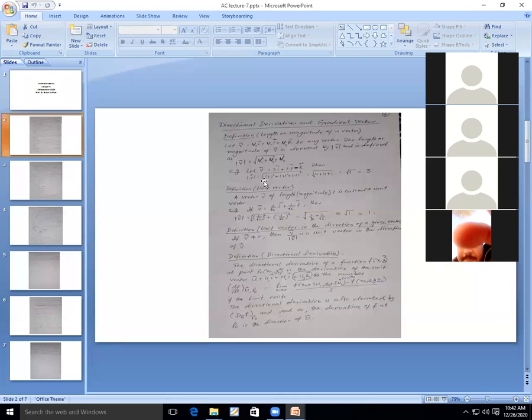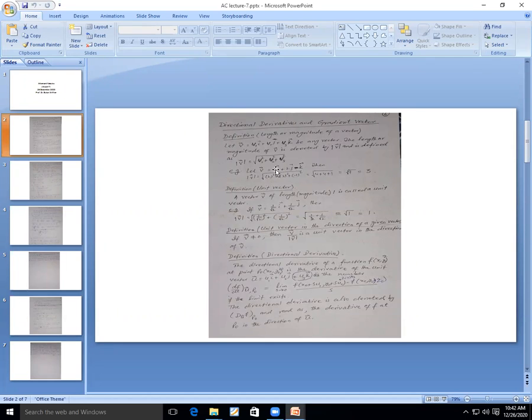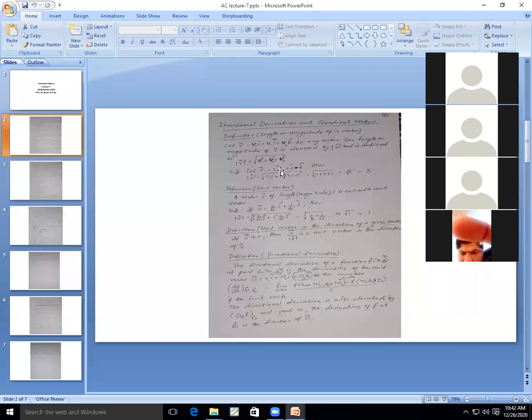So the length of this vector is, you see V1 is here 2, so 2 square plus V2 is also 2, so 2 square, and V3 is minus 1, so minus 1 square, whole under root, which is equal to 4 plus 4 plus 1 equal to square root of 9, which is equal to 3. So the length or magnitude of this vector V in this case is 3.